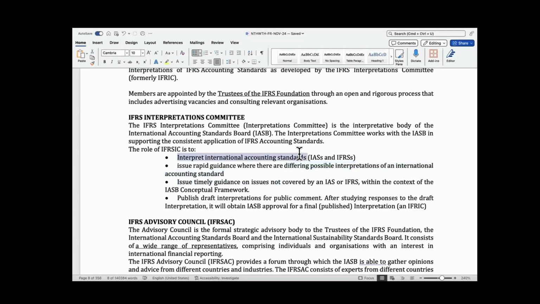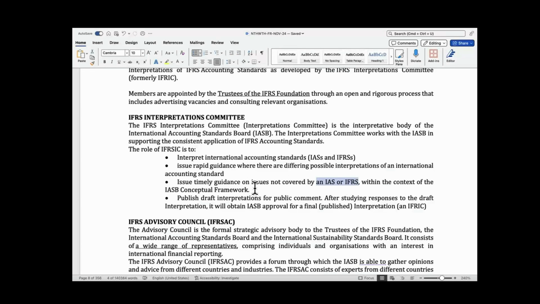Yes, they interpret IFRS, but it usually occurs where there is an IFRS and it's being interpreted in different ways. So they will come in and say, okay, this is how we should do it. Or maybe there are issues that are not covered by an IAS or by an IFRS. So they will come up and say, okay, this is how we should do it.